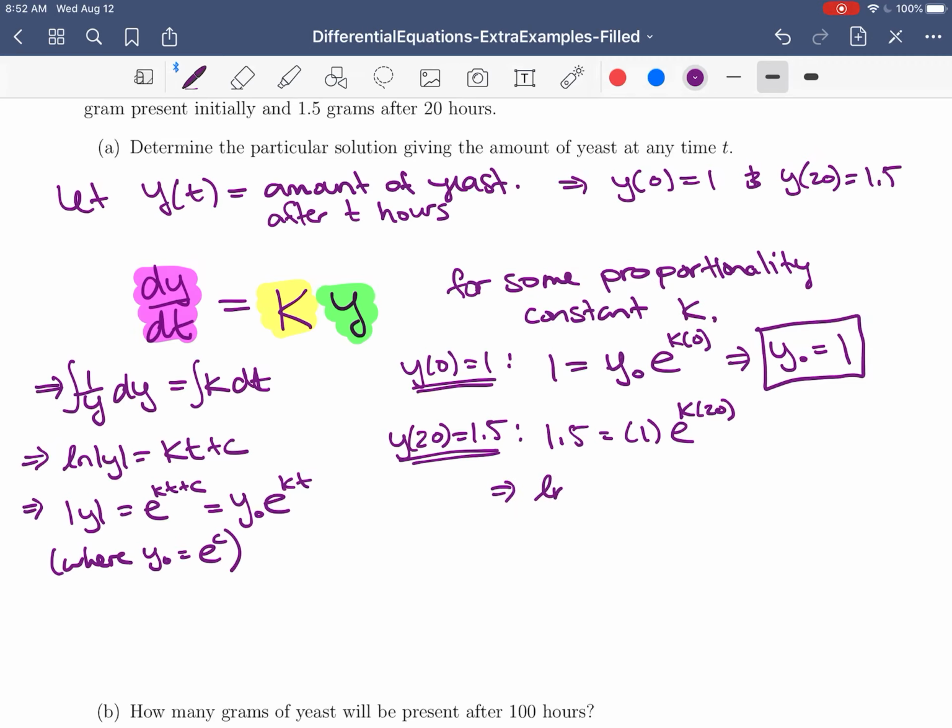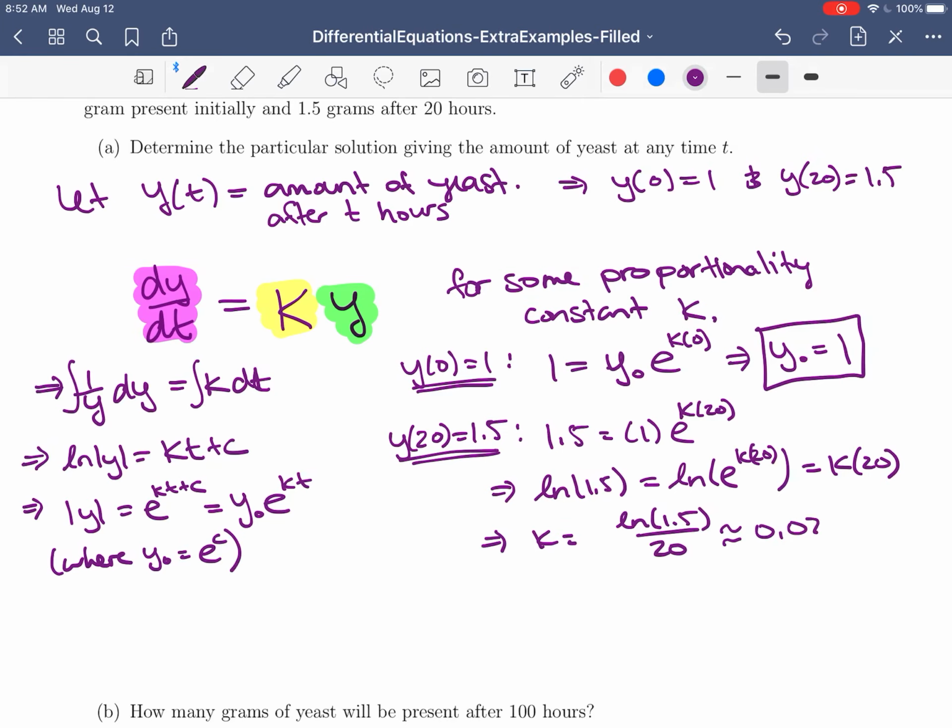Okay, so if I take the ln of both sides, e to the 20k, ln of an e just cancels, so this is actually k times 20, which means that k is going to be ln of 1.5 divided by 20, which I computed to be approximately 0.02.